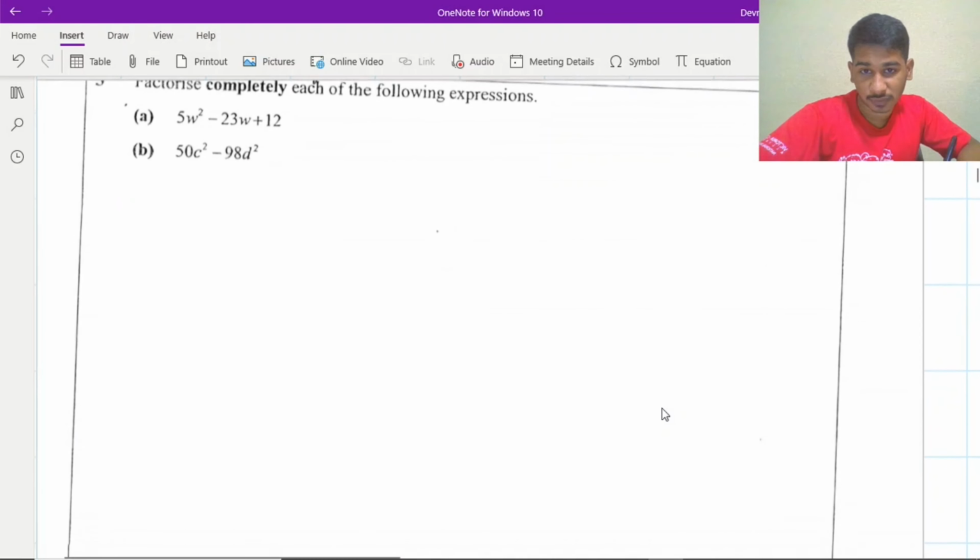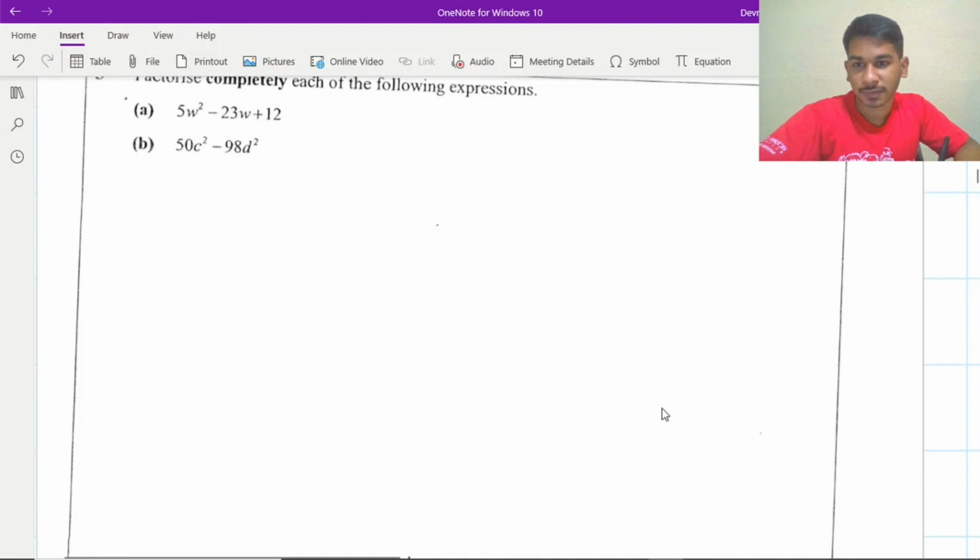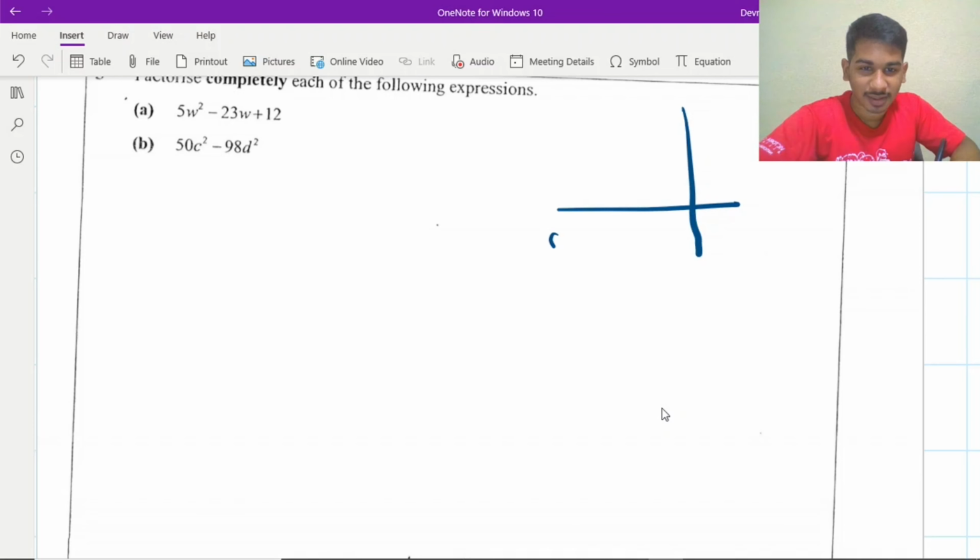Factorize completely each of the following expressions. Right, we just use this method. 5w squared plus 12 minus 23w. Well, 5 is a prime number, so one of them has to be 5.